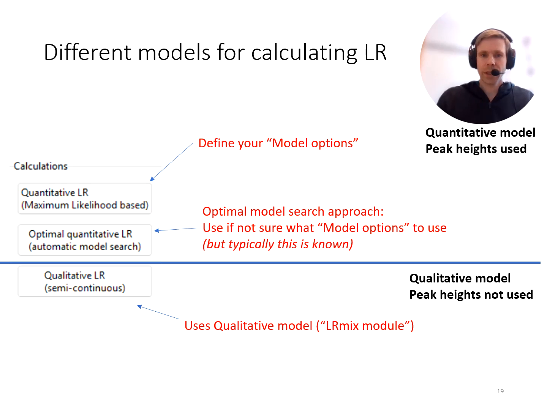So we will first of all do the first one, where you define your model options. We have already defined the options, so we will now calculate the LR for that. There's also a possibility to do an optimal model search approach, where you are not necessarily sure what model option you want to use. We will cover this later.